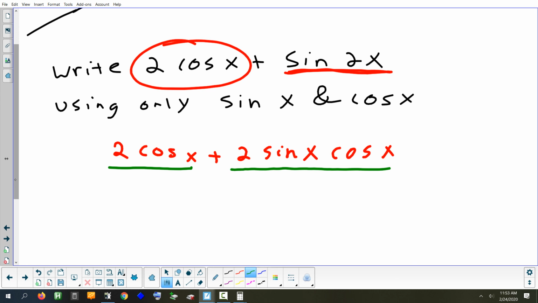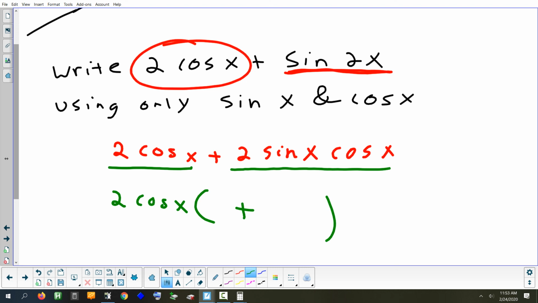Now, look at what I underlined in each term. What does the first term and the second term have in common? Yep, 2 cosine x. Whenever 2 terms have the same thing in common, you can factor it out and write it a little more simply. So let's write 2 cosine x.